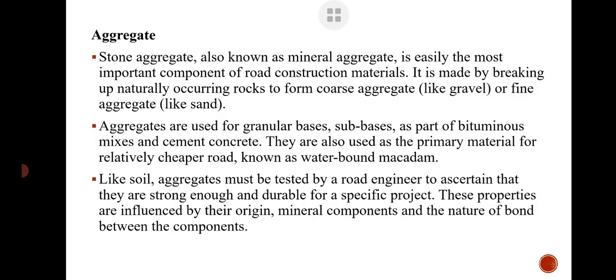Then aggregate, different types like coarse aggregate and fine aggregate, are used for construction of road. In coarse aggregate, different shapes and sizes of aggregate are used in different layers.